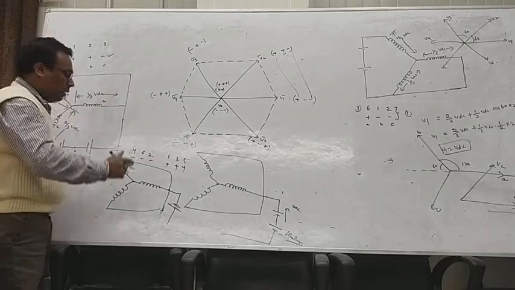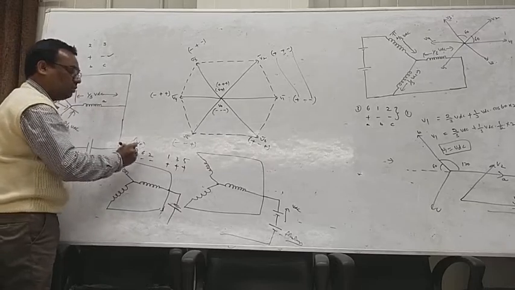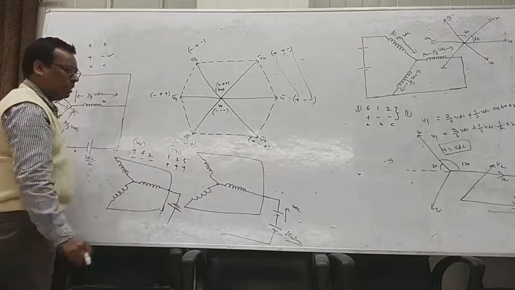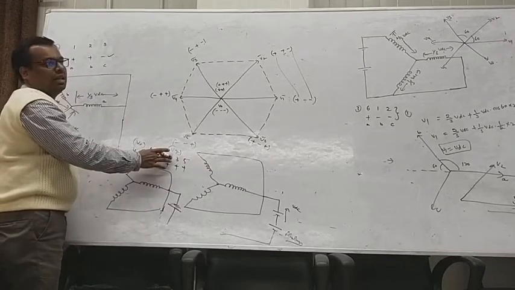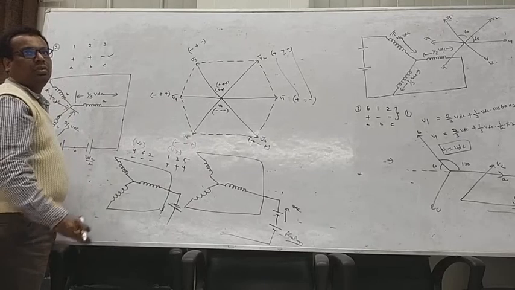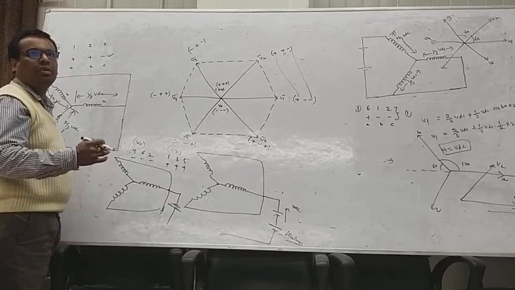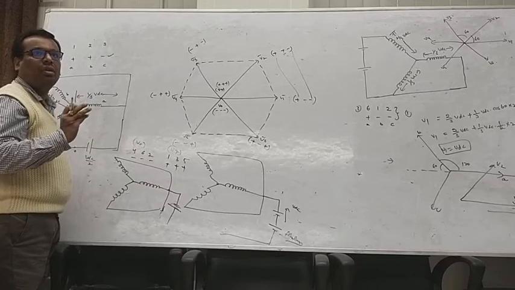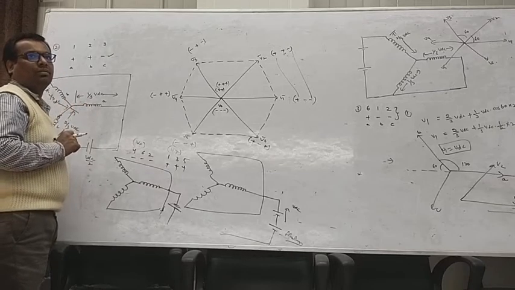So this is the V0 vector and this is the V7 vector. These two are the zero vectors, and V1, V2, V3, V4, V5, V6 are the non-zero vectors.